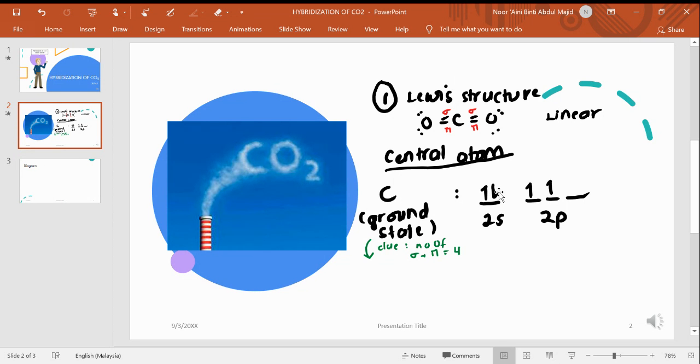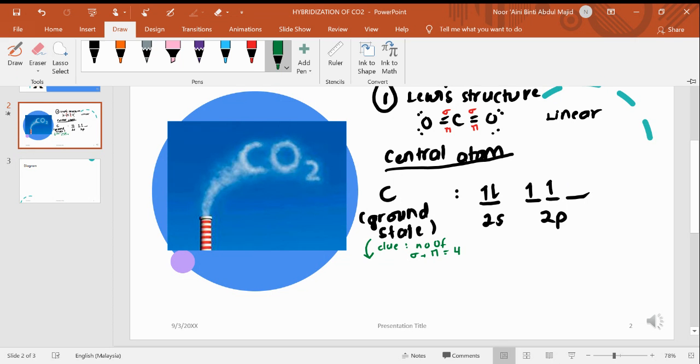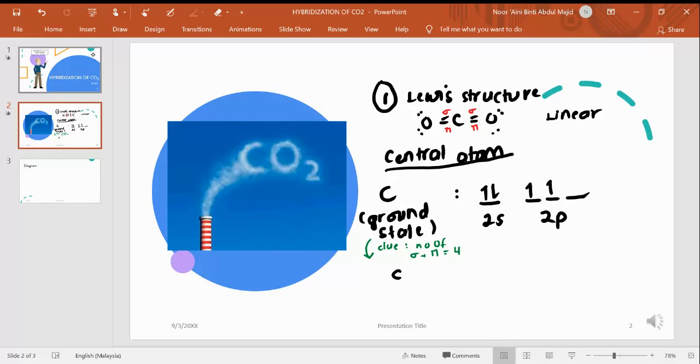The paired electron here will be promoted to the empty 2p orbital. So since carbon is disturbed, it will be at excited state. Hence, it is unstable.